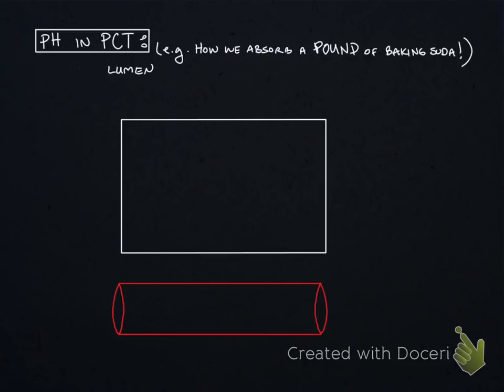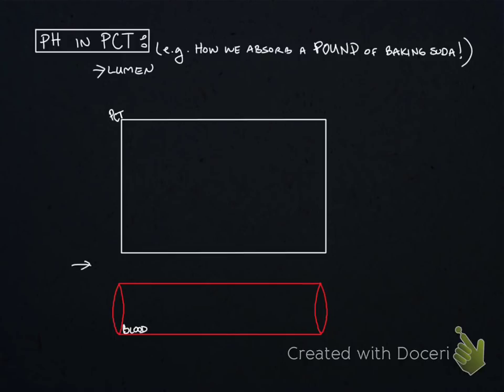So here's the lumen, and this then would be the interstitial space. We're cool with that? And this will be our proximal convoluted tubule cell. And then this is the blood. This is our PCT, proximal convoluted tubule cell.